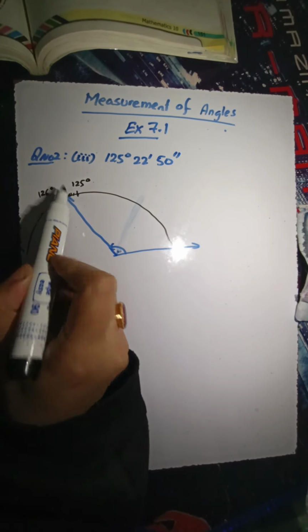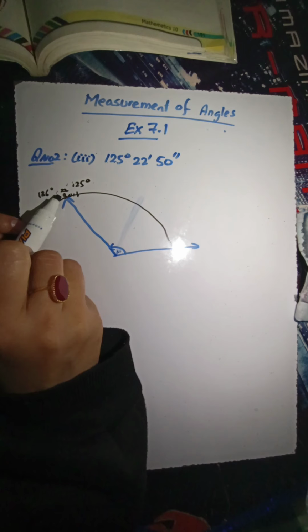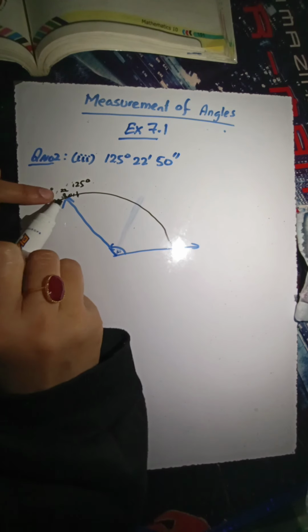Suppose 1 degree is divided into 60 divisions. Out of these 60 divisions, this angle has covered 22 of the minutes, meaning it has covered 22 of the divisions made between 125 degrees and 126 degrees. Here we have 22 minutes, and the next minute is the 23rd, but this angle has not passed the 23rd division.